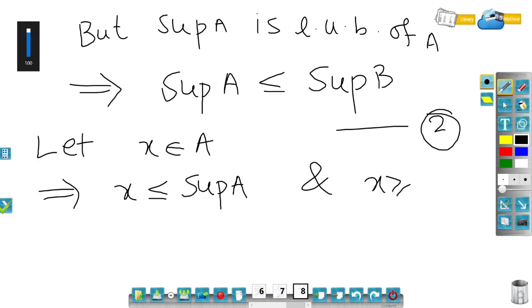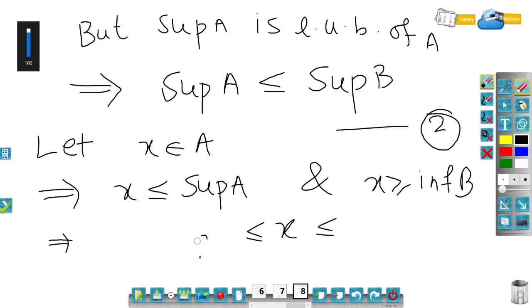The lower bound of A is infimum of A. That would imply x must lie between the upper bound as well as the lower bound. I should say here infimum A is less than or equal to supremum A.